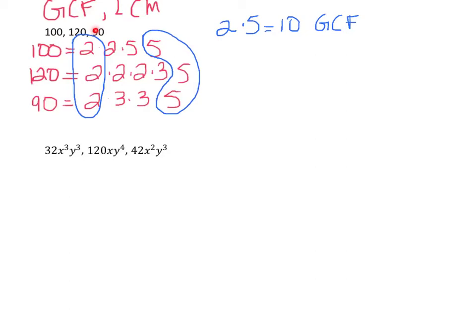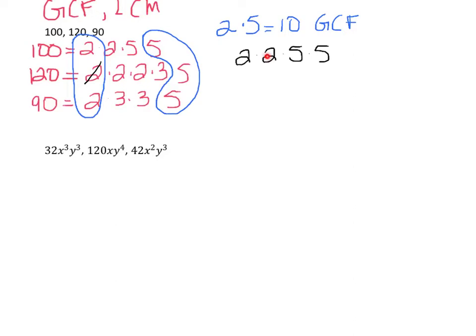Least common multiple is a little bit harder. What I do with least common multiple is I take my first set of prime values and I list them out. And then I go to my next set of prime values, and I cross out anything that's been used. So I've got a 2 here, and I have a 2 here, so I can cross out a 2.